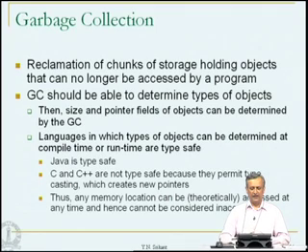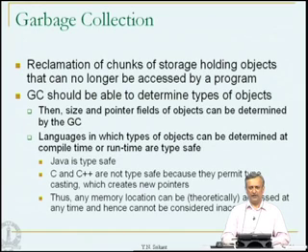Therefore, if we can actually do allocation automatically, then some of these problems may be eliminated. So, reclamation of chunks of storage holding objects that can no longer be accessed by a program is called garbage collection.